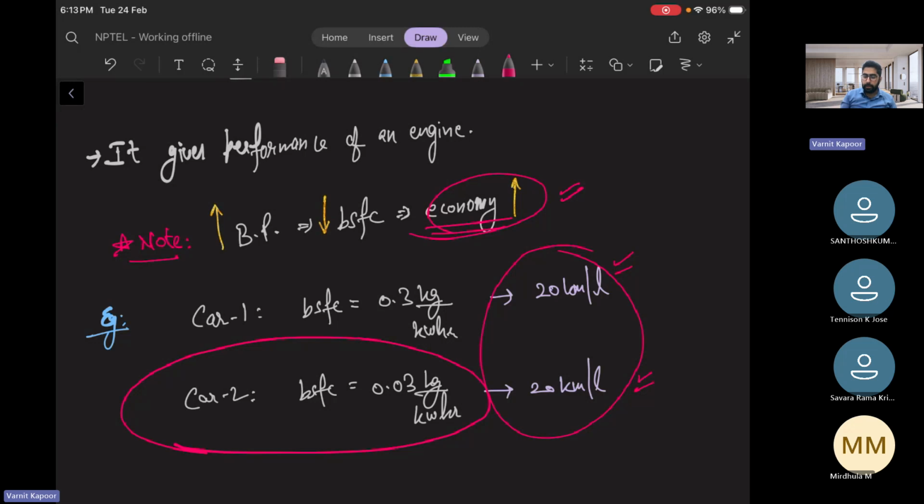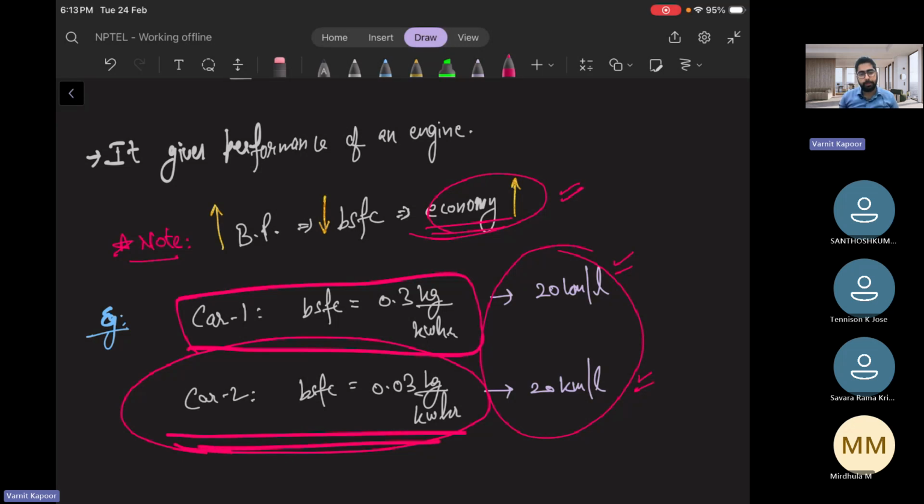So let us say car 1 is a smaller car, like a hatchback, an Alto of Maruti Suzuki. Whereas car 2 is a BMW car, any of the series you can say, a high-end car or even the mid-range.